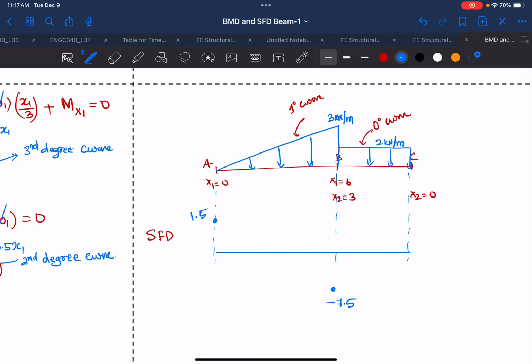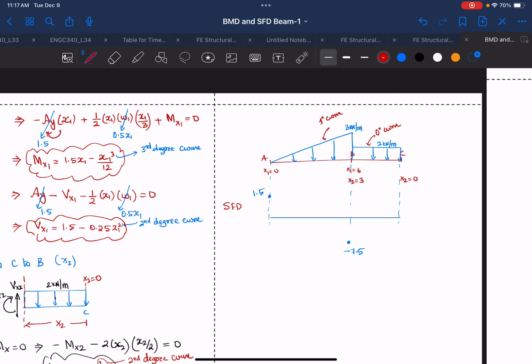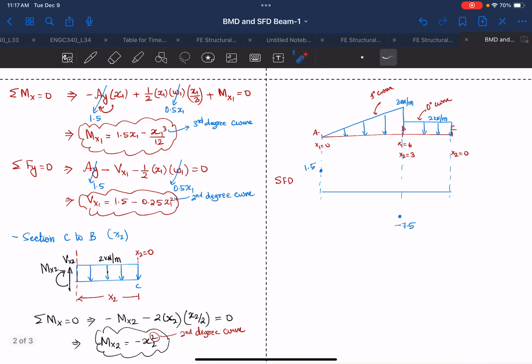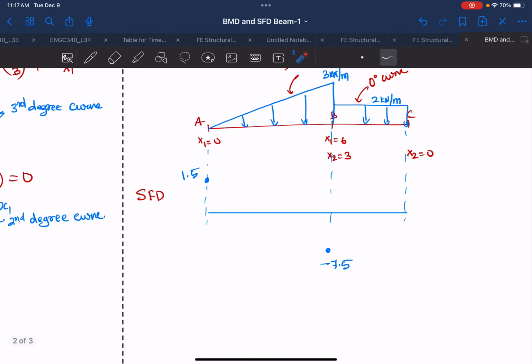Okay, so if you have to draw the shear force, then you will say, okay, how do I know what curve it is? If you look here, you'll see that for Vx, it is a second degree curve, or 2 degree curve. Okay, so because it's a 2 degree curve, then it means it will be curved, so that is your 2 degree curve.